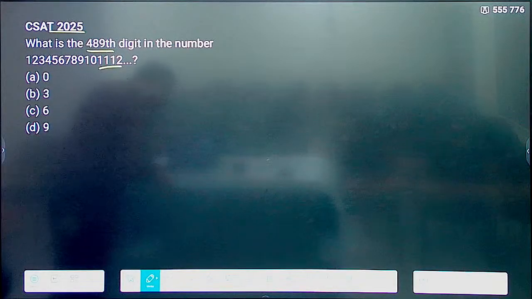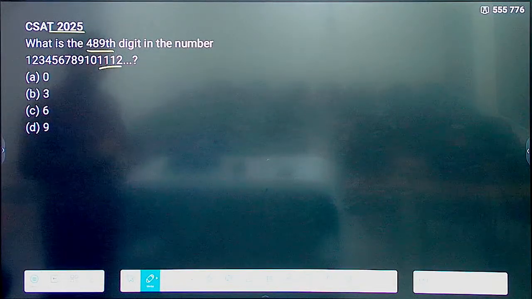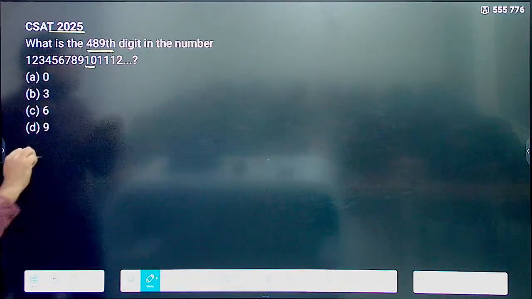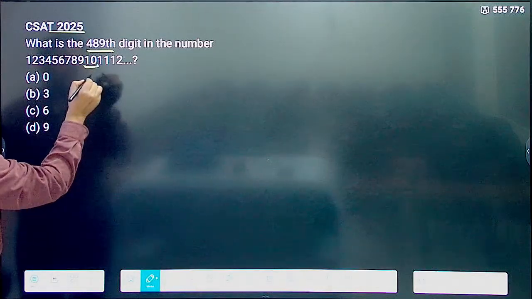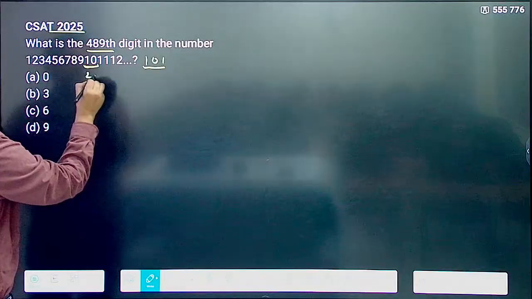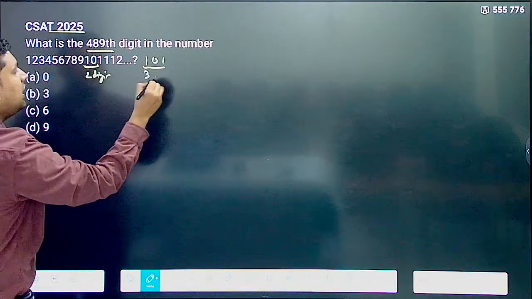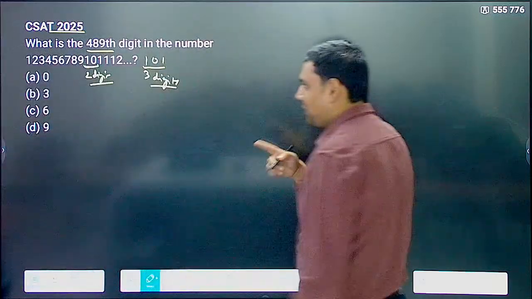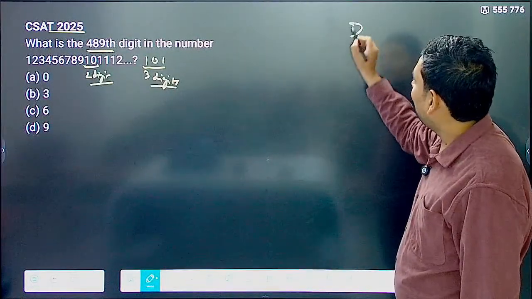Can you see here 10 is using two digits, correct? Similarly, if I keep writing like this, then 101 will occupy 3 digits.